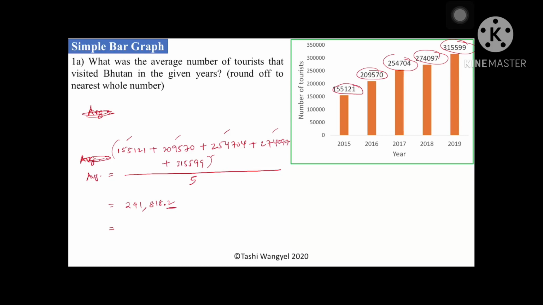So the average number of tourist visitors from 2015 to 2019 is 2,41,818.